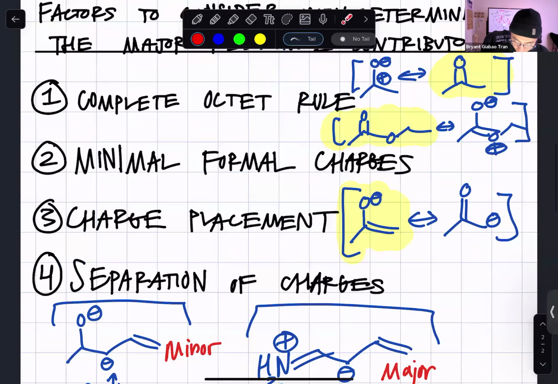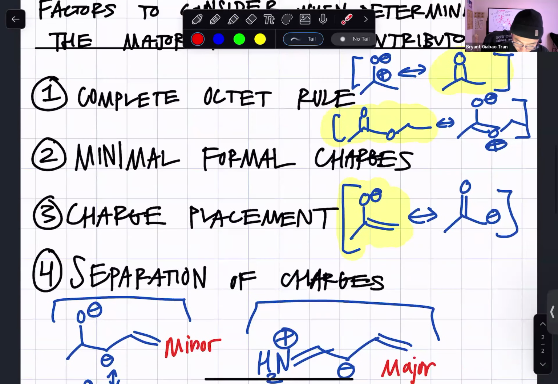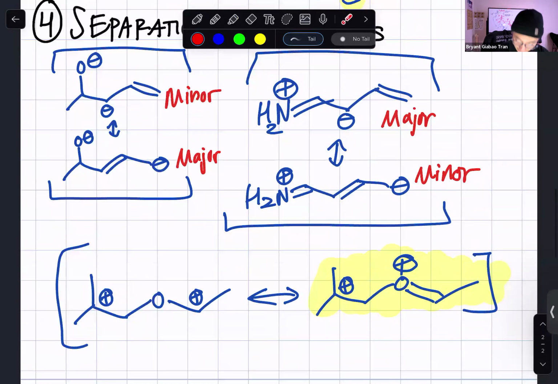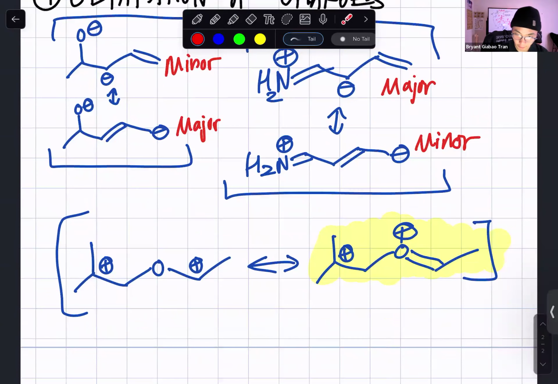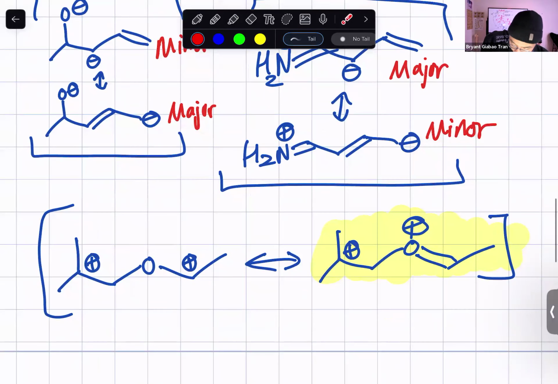Some people might get tricked by factors 3 and 4, where we said that the negative charge prefers to be at the more electronegative atom, the positive charge prefers to be at the less electronegative atom, and like charges want to be as far away from each other as possible. Here oxygen has a positive charge, which is weird because oxygen is more electronegative than the carbons, and the positive charges are close to each other, which is also weird.